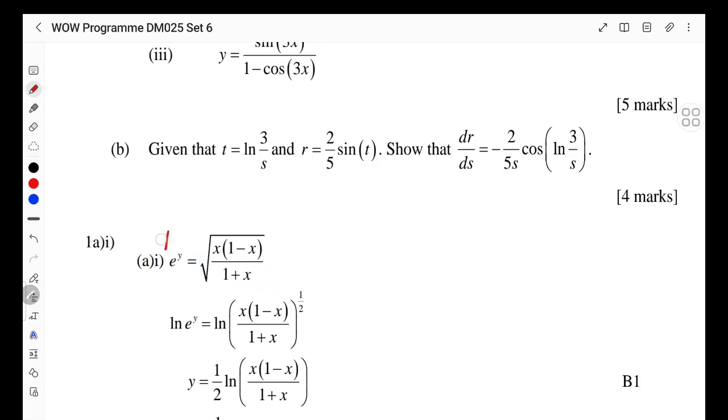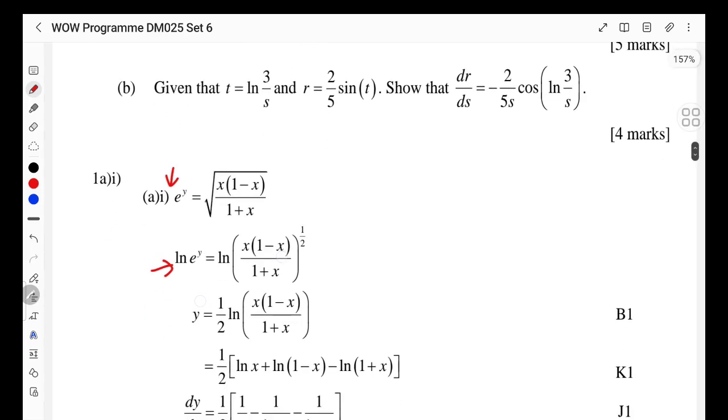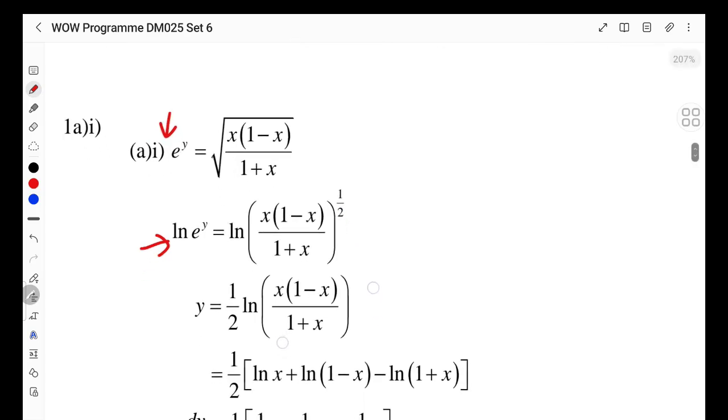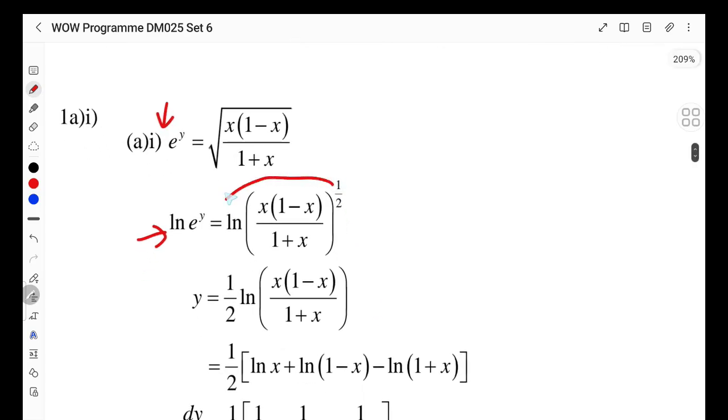Now, since we have e on the left hand side, you need to ln both sides to get y on the left hand side here. Okay, as you can see, we ln both sides, and then you change the square root into power 1 over 2, so that you can bring 1 over 2 to the front by using the law of logarithm properties. Okay, so left hand side, you are left with y. Right hand side, it becomes 1 over 2 ln of x times 1 minus x over 1 plus x.